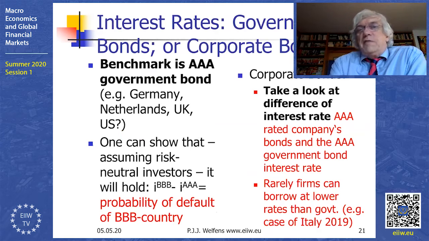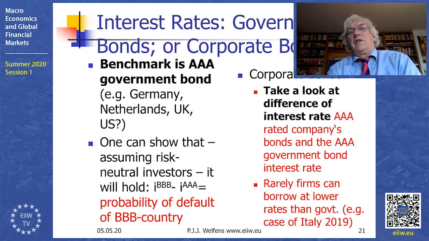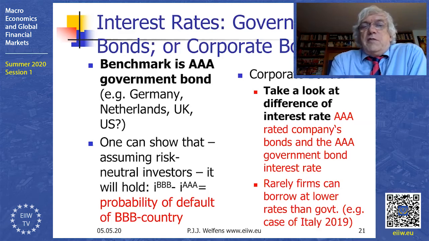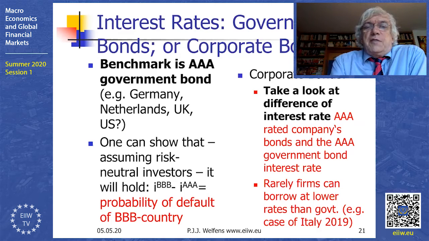So if we talk about interest rates or government bonds or corporate bonds, then the benchmark typically is a AAA government bond from, what should we say, Germany, Netherlands, maybe also Austria or Finland, UK, US. But US already was a question mark, because my anticipation is that the US will have a very large deficit GDP ratio in 2020.